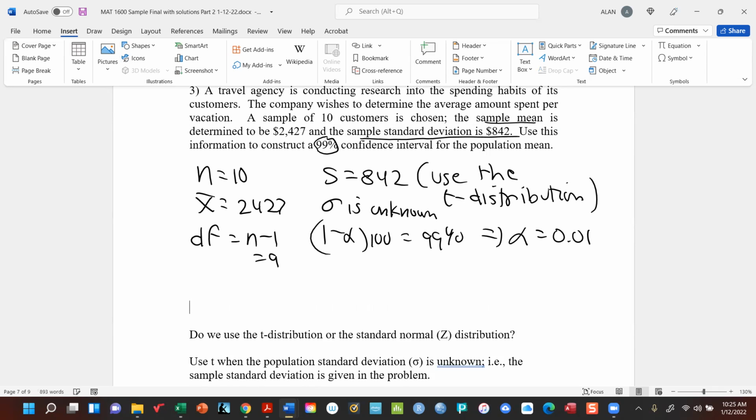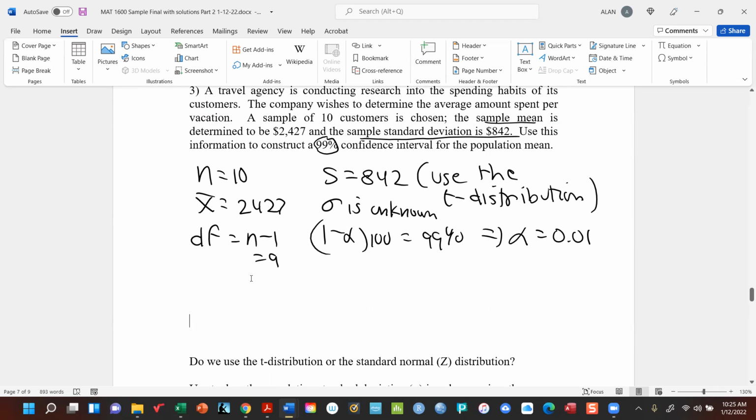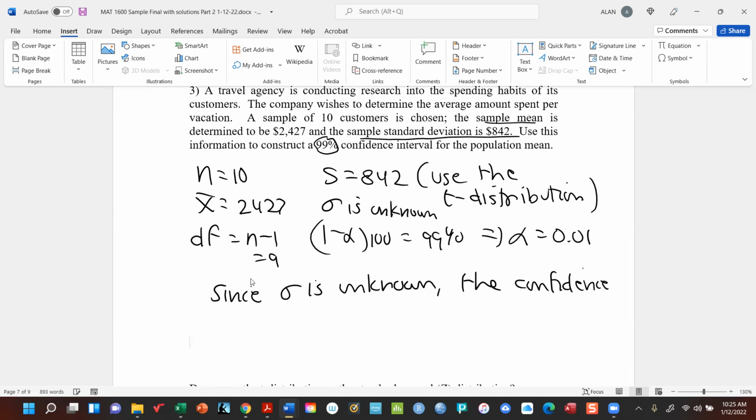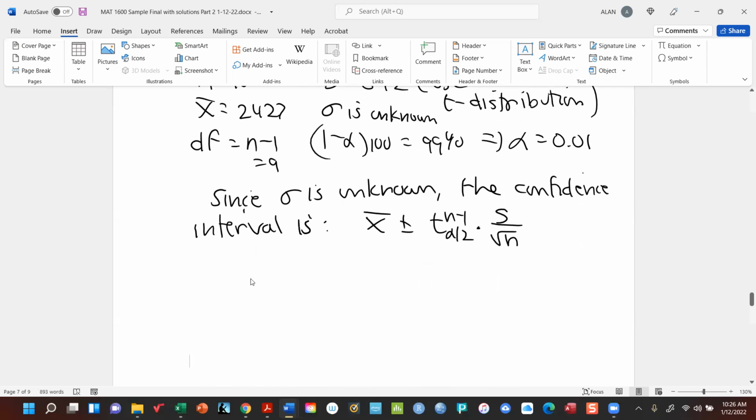And also, the formula for this would therefore be, since sigma is unknown, the confidence interval takes the form x bar plus or minus something. Here that something is t s over radical n. And remember, this second part is our margin of error.